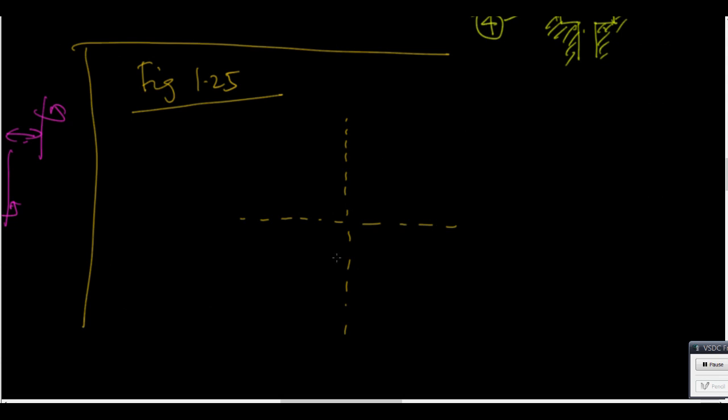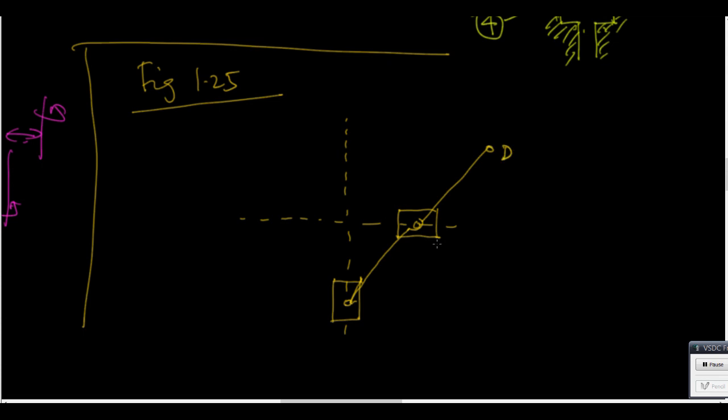Then I will draw this slider here and I will draw another slider here and I will put a hinge here and a hinge here, and what I will do is I will connect this with a line that continues like that.